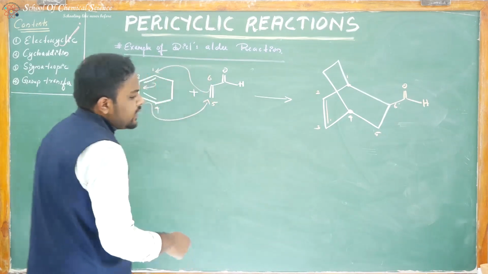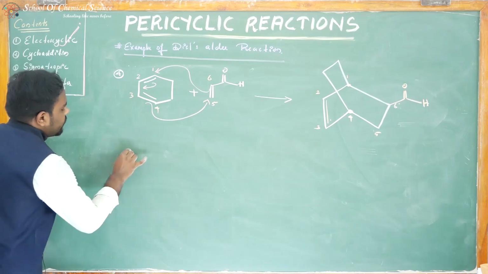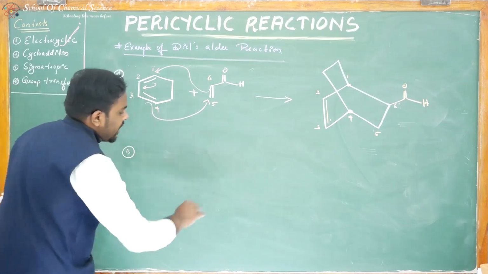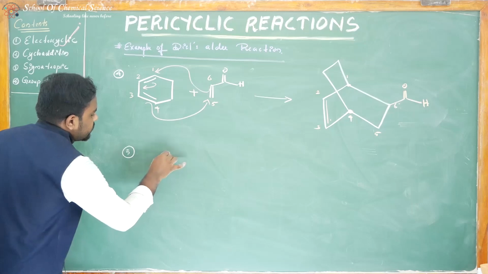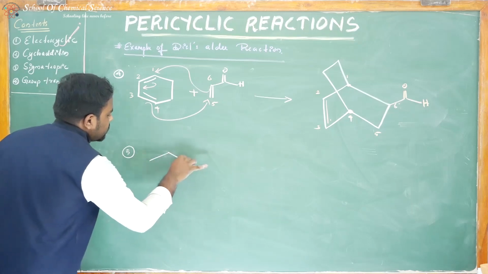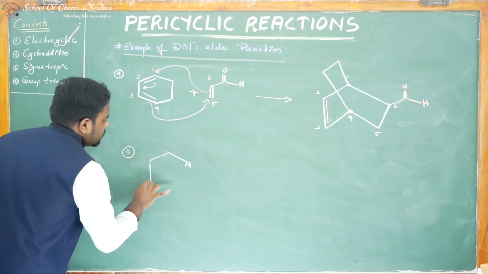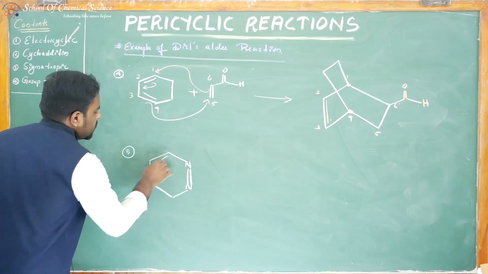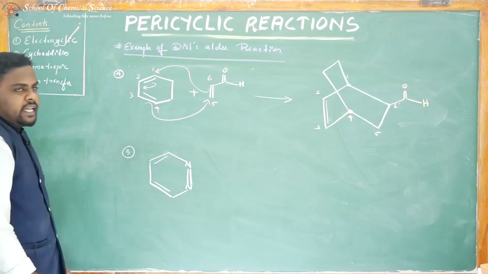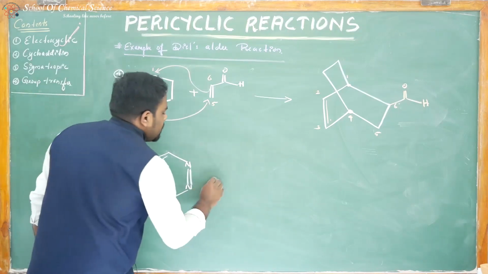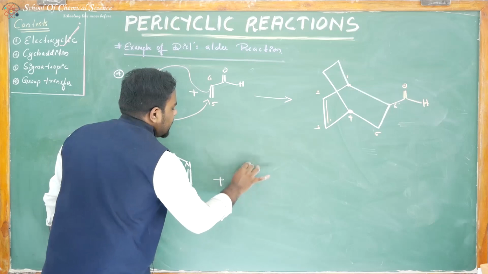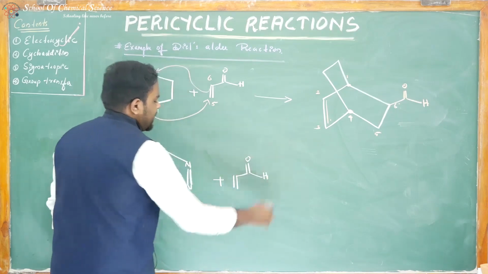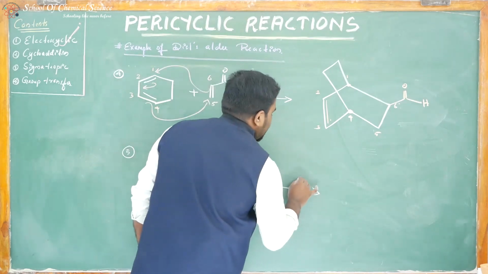Clear? Okay, then question number 5. This is a special diene plus a dienophile, C double bond OH, under thermal condition.